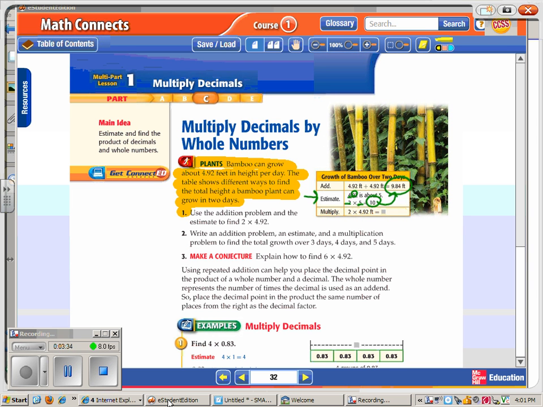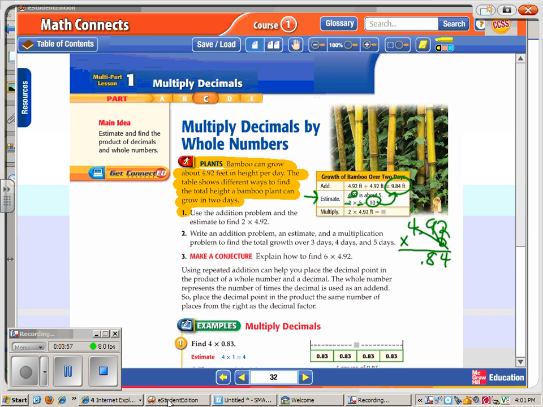And then multiplying 4 and 92 hundredths, doing it the standard way of multiplication times 2. So I have 2 times 2 hundredths is 4 hundredths. 2 times 9 tenths, I have 18 tenths, so the 8 stays and 1 becomes 1 whole.